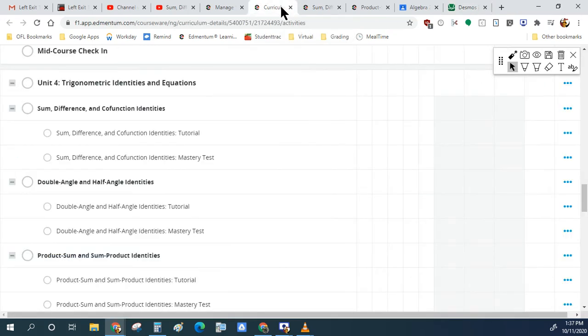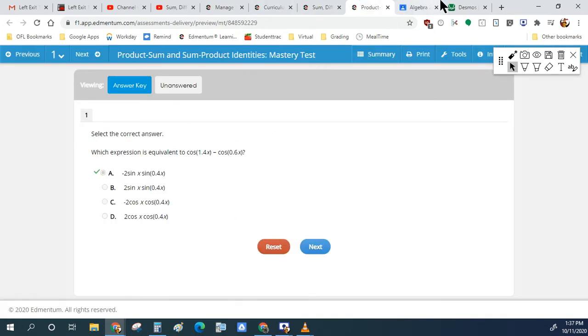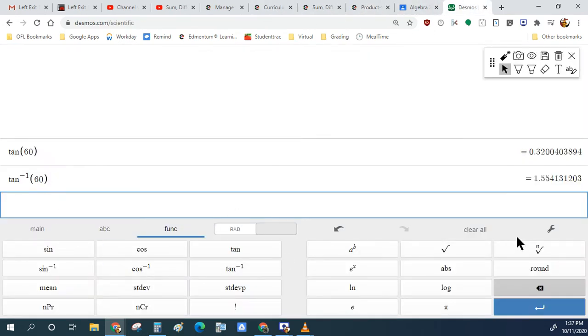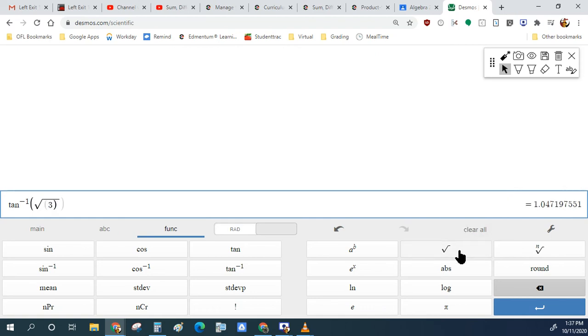What is going on here? Oh, shoot. Inverse tangent of square root of 3. Okay, hold on. Sorry, guys. Where's the square root? Oh, there it is. Square root of 3. This will give me my angle because I'm plugging in the side.